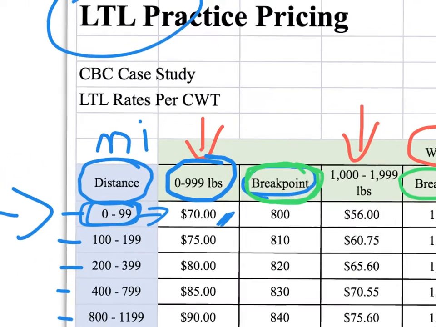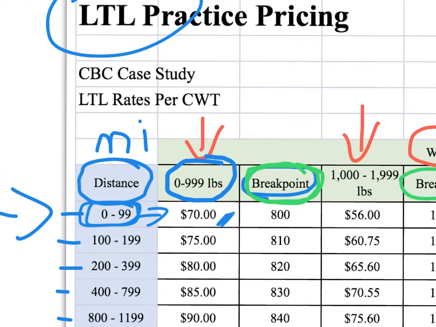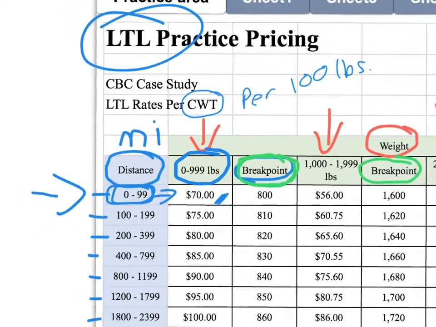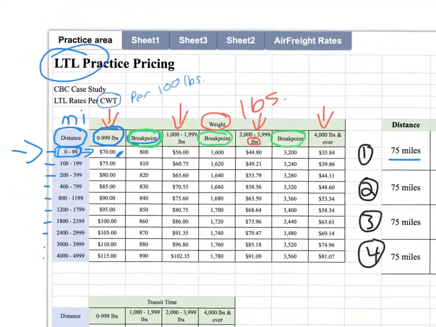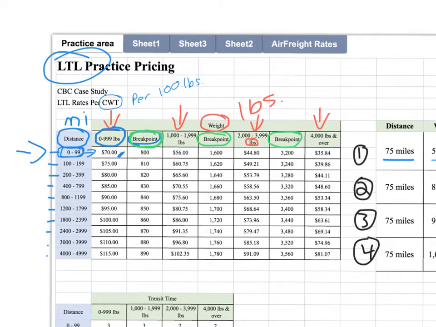But you'll notice that the rate is expressed in something called CWT, and that is per 100 pounds. It literally means cent weight, or 100 weight. It is an acronym that we use, and it simply creates pricing in per 100 pound increments instead of pricing per pound.